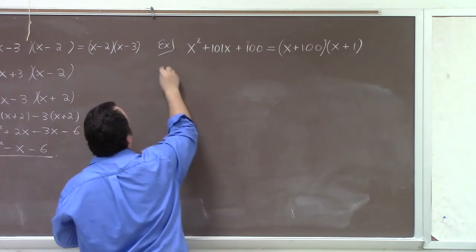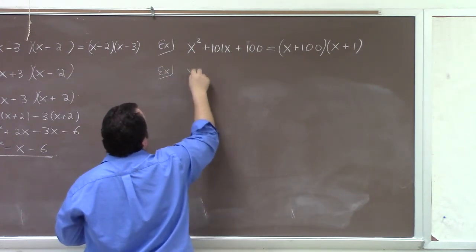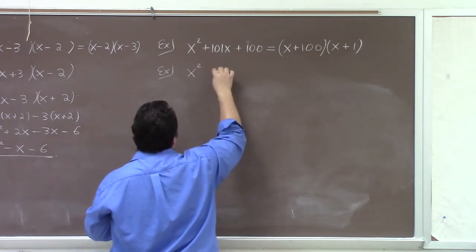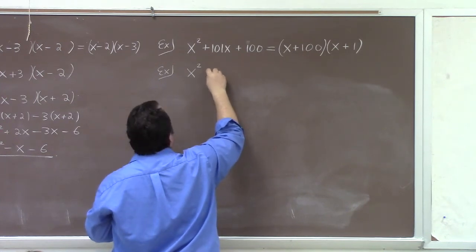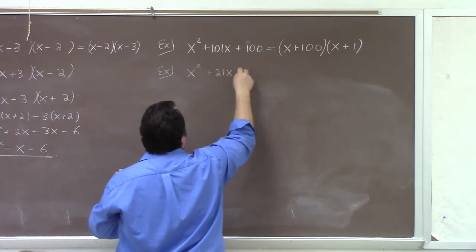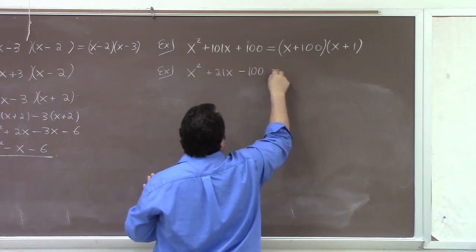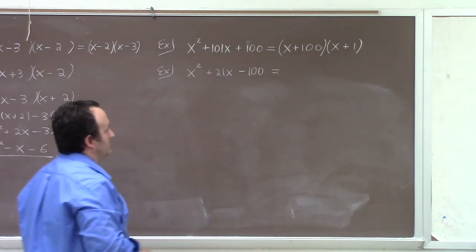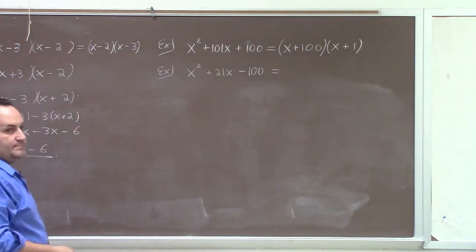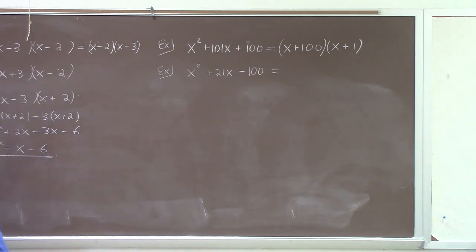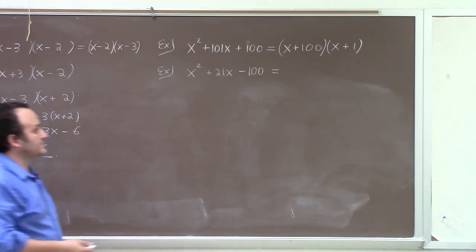Let's do another one. X squared plus 21x minus 100. Plus 25 minus 4.